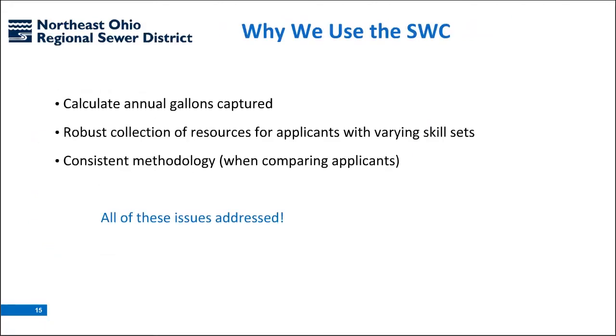So there are 3 main reasons why we like the Stormwater Calculator and why we use it for this grant application process. Our goal simply is to make sure that we know how many gallons are captured on a property when you add green infrastructure components to it.